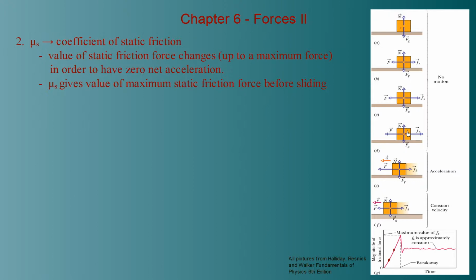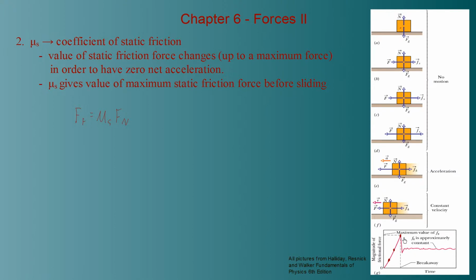And then finally, you pull just hard enough so that it just barely starts to slide. That's right here. And yet again, your pull force is still equal to your friction force. If you do force of friction equals mu static Fn, this force of friction is none of these.